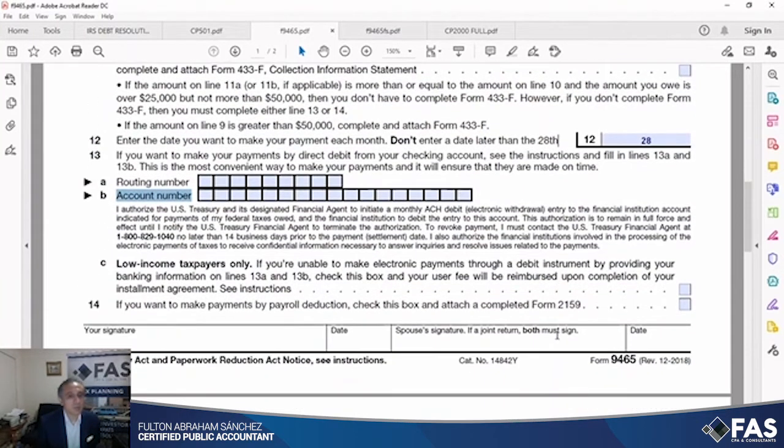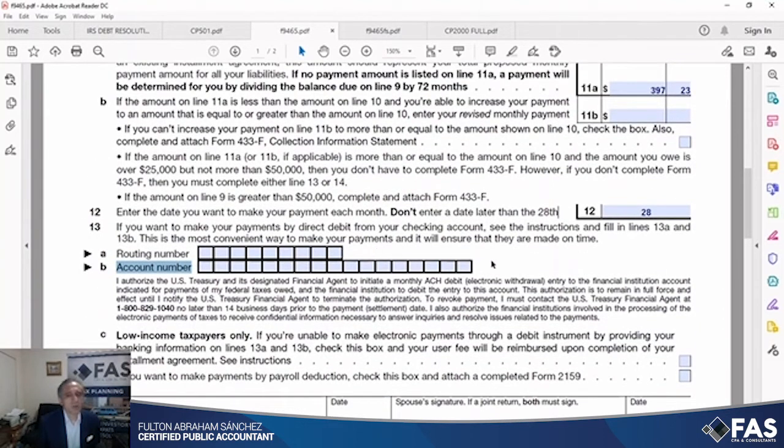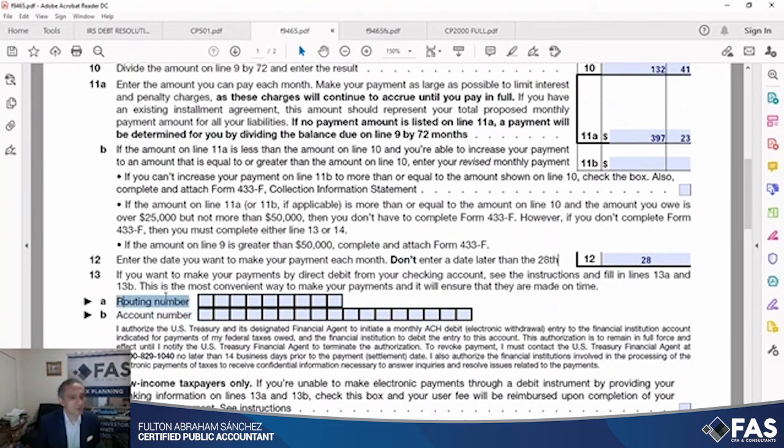But this is only if you use the option for routing number and account number, and this is an automatic payment. If you do not want to pay by routing number and account number, meaning that you want to do checks, then on the 28th of each month, you need to send a check.